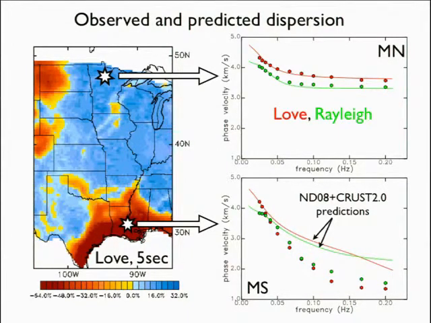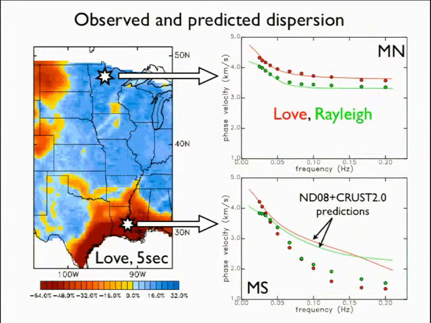And what you see here is that in Minnesota, we have a pretty good handle on this already in Crust 2.0, whereas in Mississippi, where we are observing Rayleigh wave and Love wave phase velocities around 1.5 kilometers per second, the current models are just not able to predict such slow velocities.